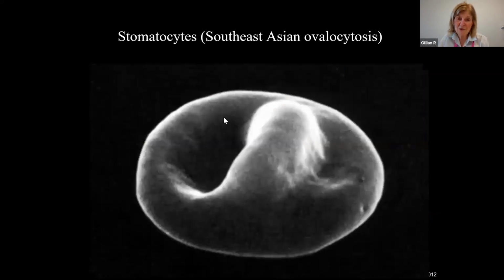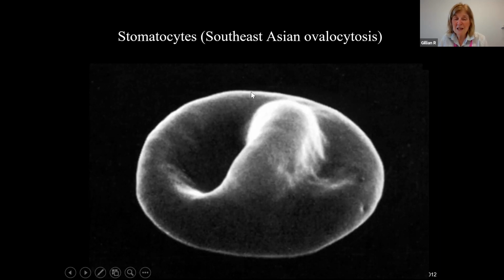And this describes it beautifully to show you the stomatocytes with the 2 slits. So these cells are really very rigid, and one of the good things about these cells is, it's called Southeast Asian, that these cells do reduce the amount of malarial parasites entering into the red cells. So it's a protective agent in the Southeast Asian area.